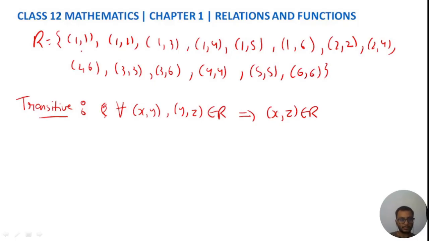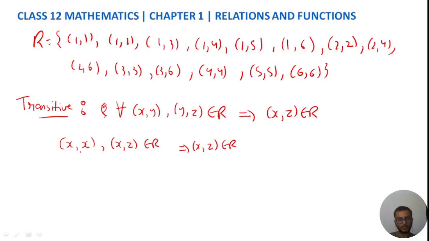First of all, note that if one of the elements is of type (x, x), and I have another element, say (x, z), and these two elements are in R, then of course I will have (x, z) in R, because (x, z) is in R from here only.